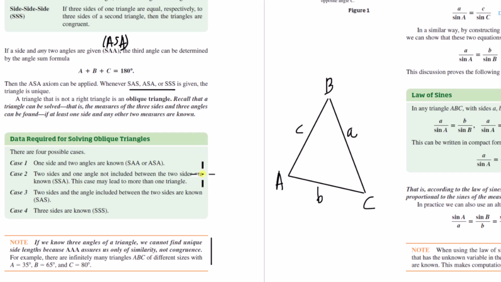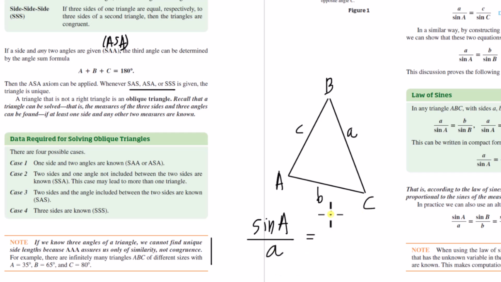Okay, but now let's look at case 2 as an example. So side angle, but you don't have the included angle. That would be like we've got side length C, side length A, and either angle A or C. So let's say we have angle A, sine of A, and we have side length A. That's good.